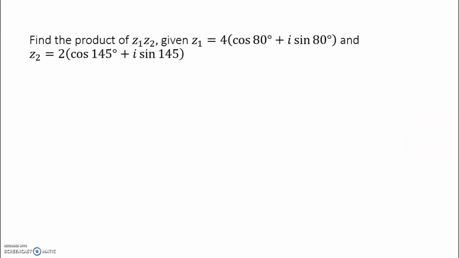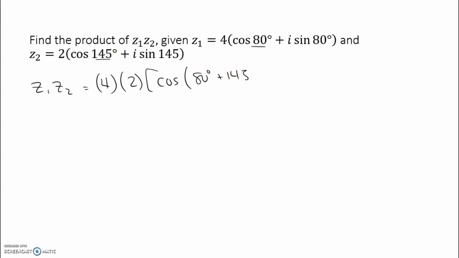So if we're going to multiply these two complex numbers that are in polar form, z sub 1 times z sub 2, then all I'm going to do is take the modulus for z sub 1, multiply it times the modulus of z sub 2, and then I'm going to take those two angles, 80 and 145, and add them together, and do the same thing with sine.